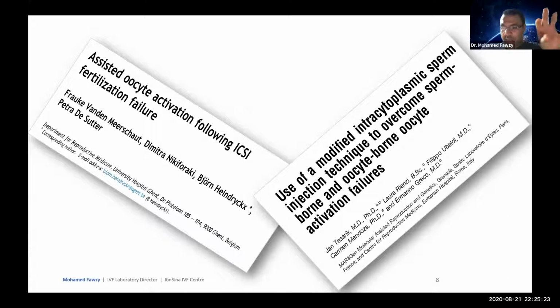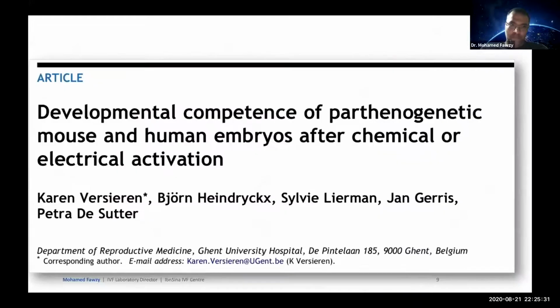The mechanical protocol can overcome both sperm-related and oocyte-related activation deficiency. Electrostimulation alters the activation potential of ion channels in the ooplasmic membrane. So the application of electrical pulses creates ionic channels in the oocyte, allowing calcium entry from the surrounding medium.